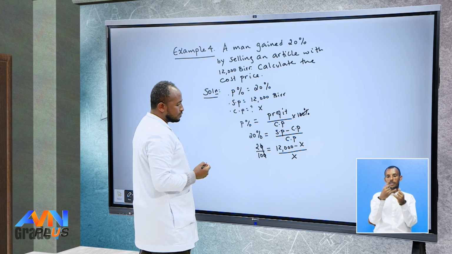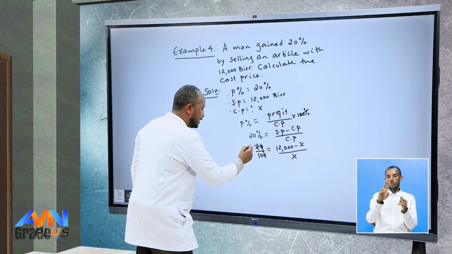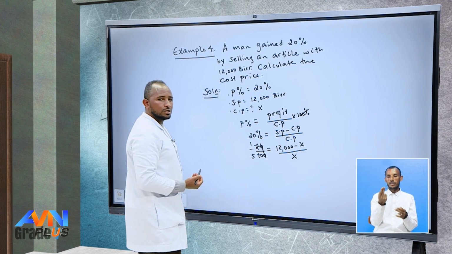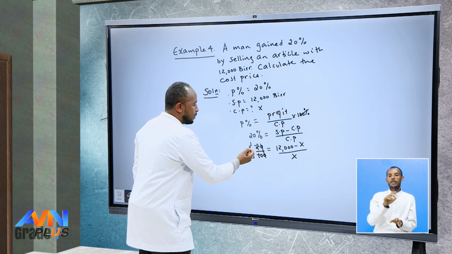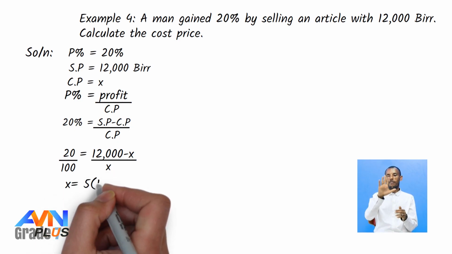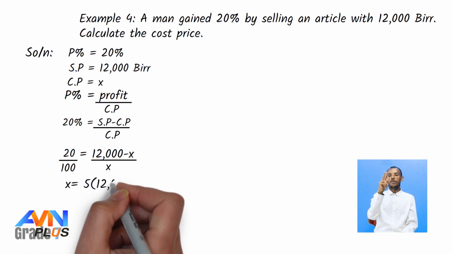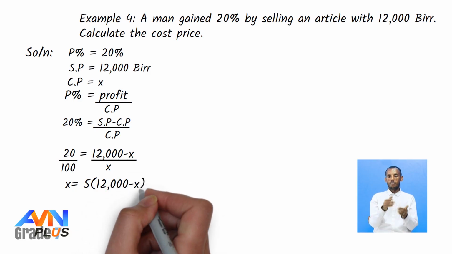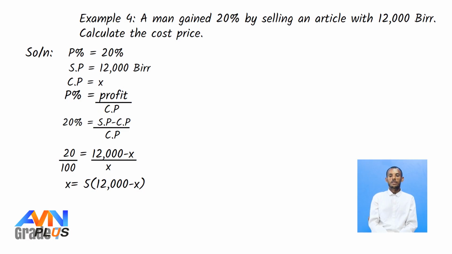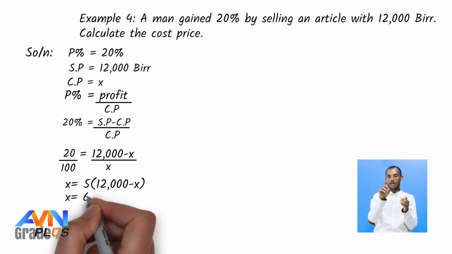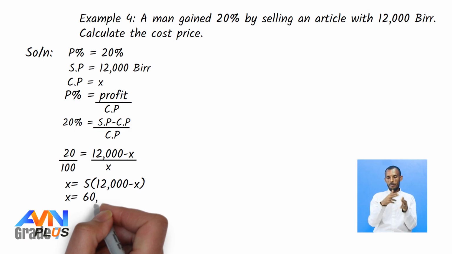You can cancel 0 by 0, this by 2 is 1, this by 2 is 5. And then let's apply cross multiplication. x times 1 is x, and 5 times this one, 12,000 minus x. So x is equal to 5 times 12, which is 60.